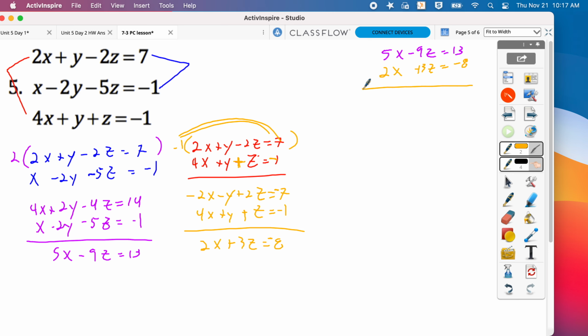So now I need to solve, and I'm going to cancel out the z's. So I'm going to multiply the bottom by 3.